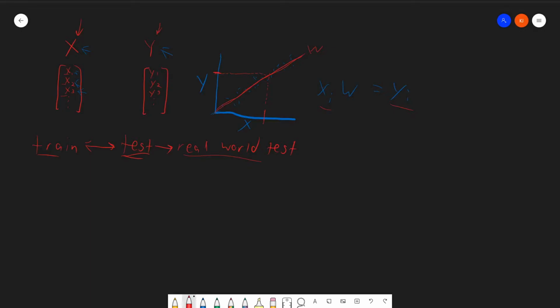Now, a more abstract or more difficult example is, what if the data looks a little bit more random? You can't quite tell what's going on. It might be difficult, and you can't even tell what function this is.